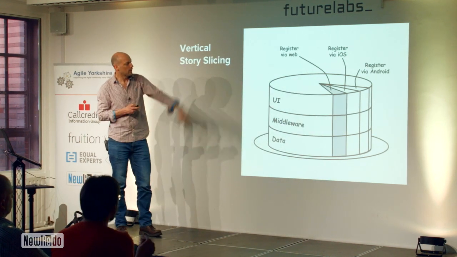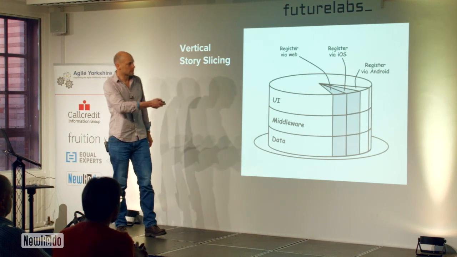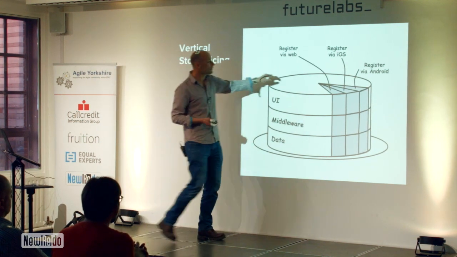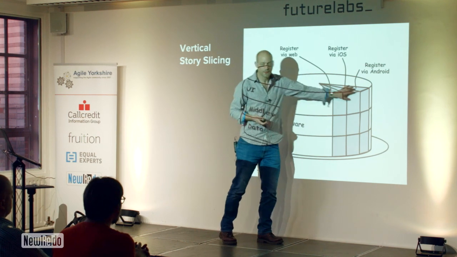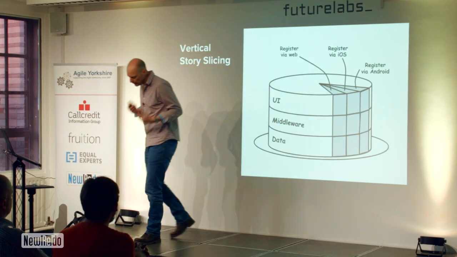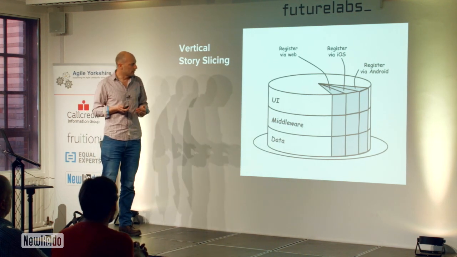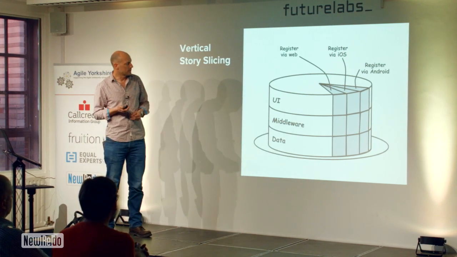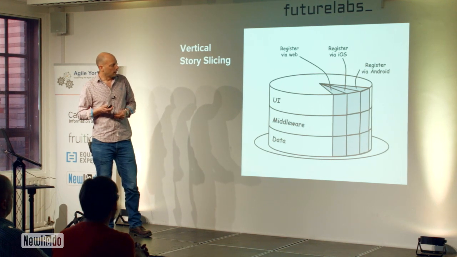Okay? So there you go. I built that slice first, then I build that slice, and then I build that slice. Or maybe actually I build that slice and I leave the rest of registration for now and move on to something else completely.